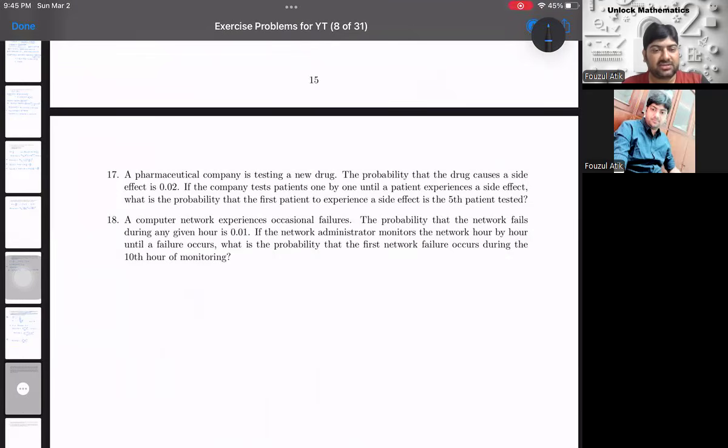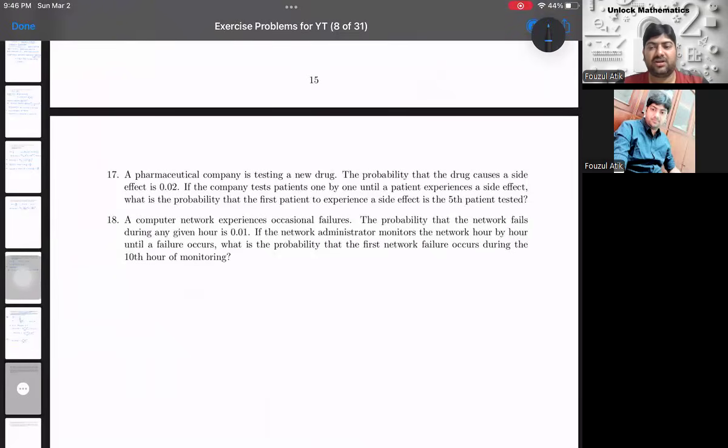If the company tests patients one by one until a patient experiences a side effect, what is the probability that the first patient to experience a side effect is the fifth patient tested? Now try to identify the problem, which kind of distribution this random variable will follow.